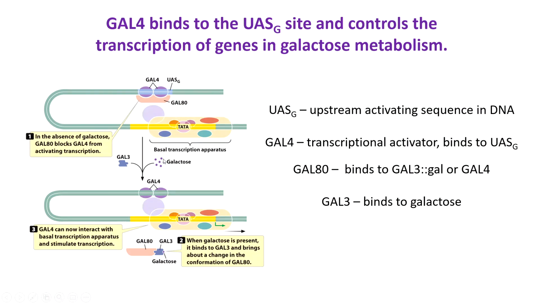So when galactose is present, it will help the GAL3 protein repress GAL80. GAL80 falls off of GAL4, and now GAL4 is allowed to activate transcription. I recommend you write out the steps of what happens in the presence of galactose and what happens in the absence of galactose in order to keep this straight in your head.